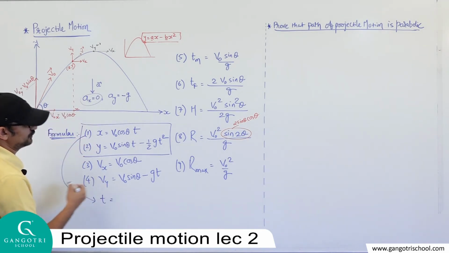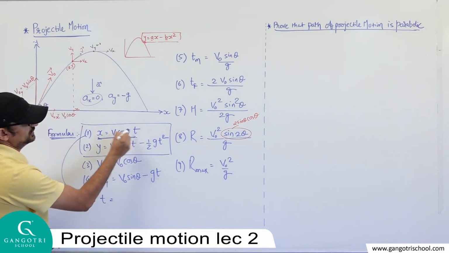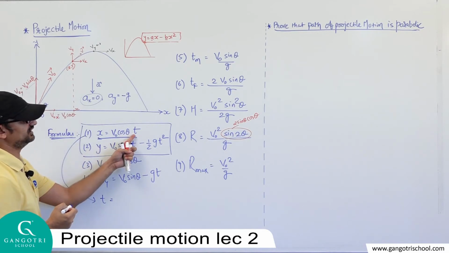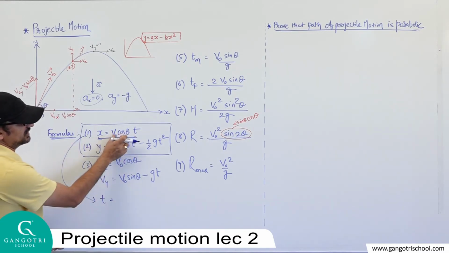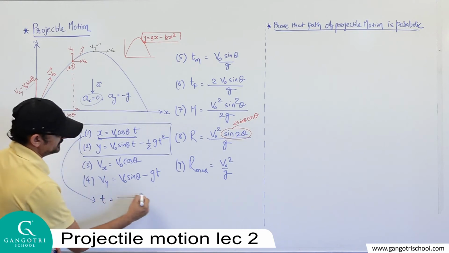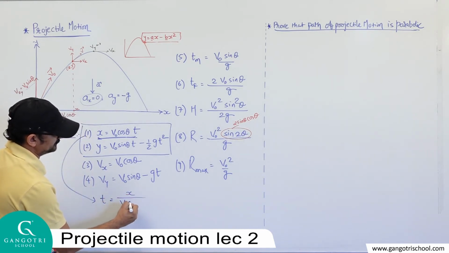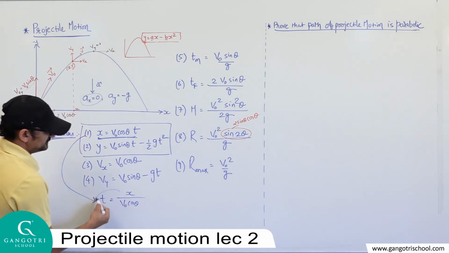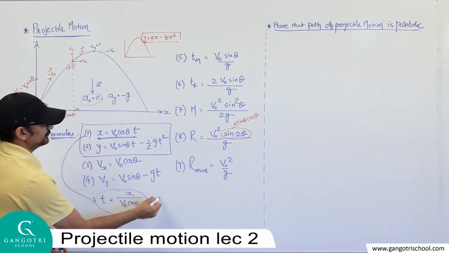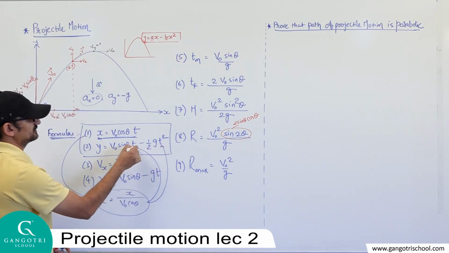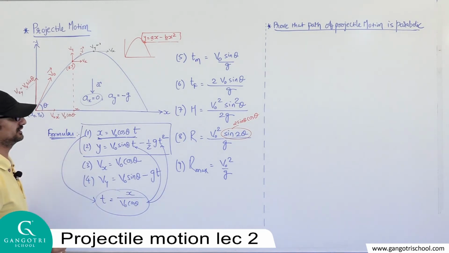From equation number 1, t equals what? If you make t the subject, V0 cos theta will go in the denominator, so t equals x upon V0 cos theta. This value of t I am going to substitute in the formula of y displacement.